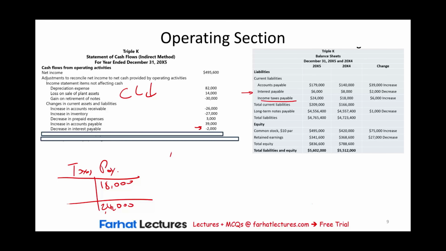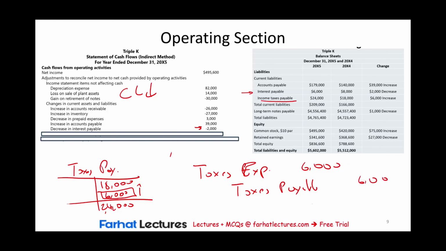Okay, what does that mean? It means it went up, the net effect, it went up by how much? You guessed it, 6,000. It means if we net all the transactions in taxes payable, what happened is this. We debited taxes expense, because this is what you do when you increase taxes payable, and you credited taxes payable. The net effect is an increase in expense of 6,000 and an increase in payable.